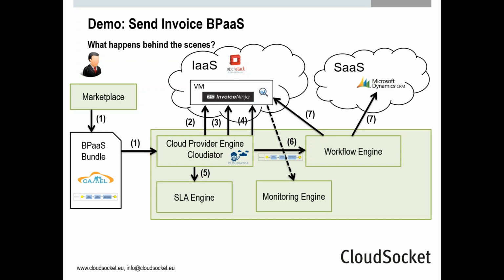As the Microsoft Dynamics CRM is provided as a software as a service, Cloudiator will not interact with this kind of service, because software as a service does not allow any kind of orchestration features. This is decoupled from Cloudiator and already predefined in the workflow file.